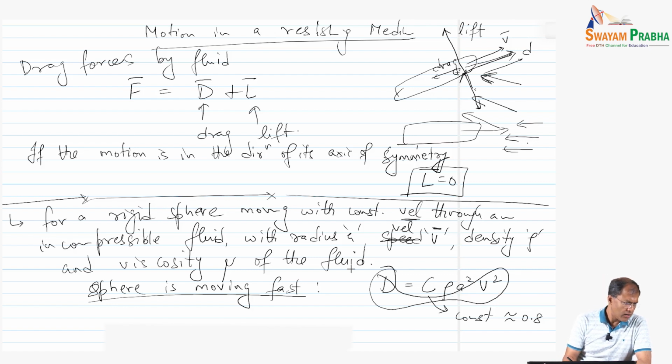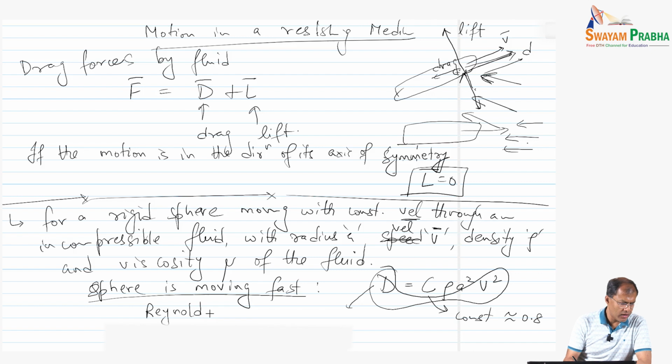Now, based on this drag force, we also introduce the concept of the Reynolds number. So what is the Reynolds number? Typically, the Reynolds number is a dimensionless number representing the ratio of inertial to viscous forces.